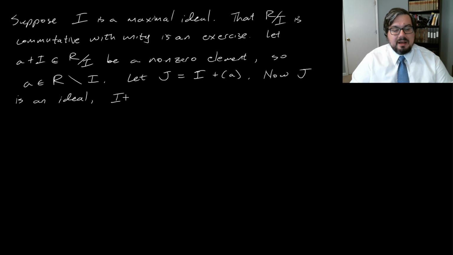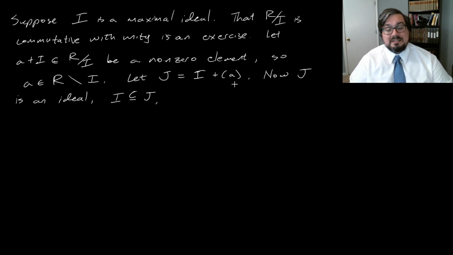We have that I is contained in J because J is I plus all of the elements of the ideal generated by A, and 0 lies in this ideal generated by A. So in particular, J contains all the elements of I, but it also contains A.